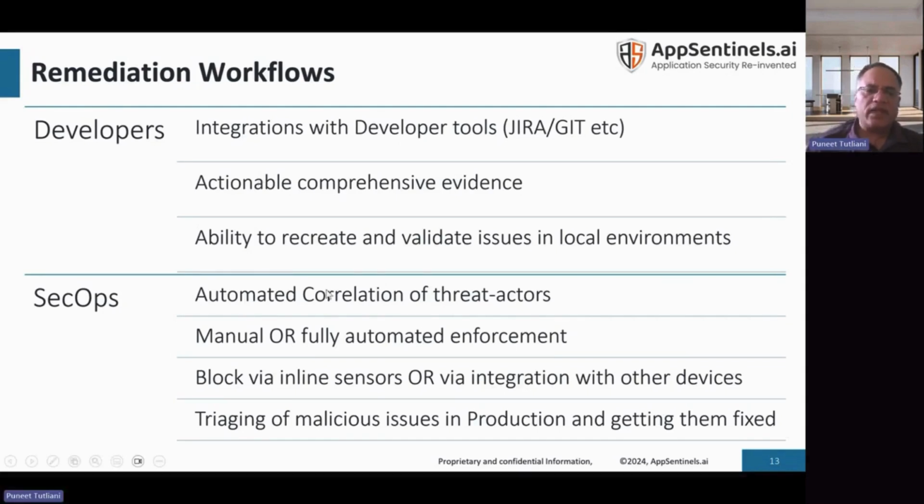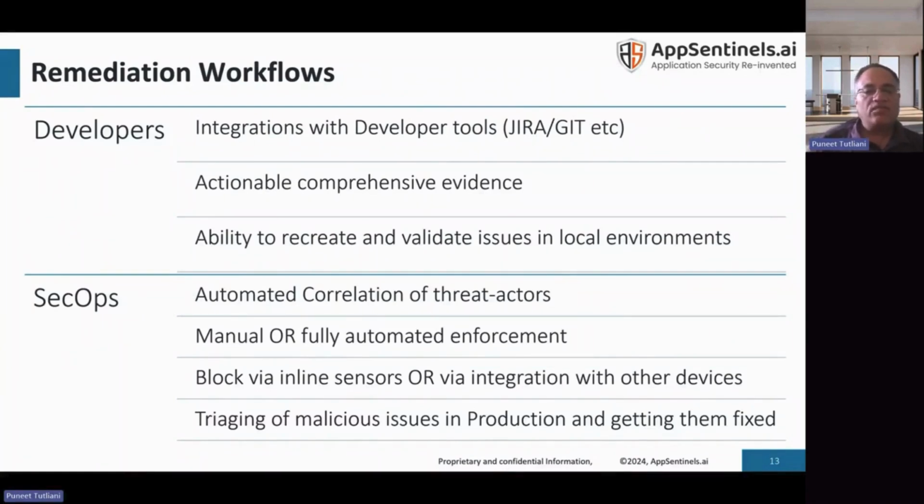And similarly, on the other side, for the security operations team, as we said, correlation of threat actors, so that the big picture a threat actor is targeting, whether it's data exfiltration or some sort of fraud or payment things, is clear, and the security operations team should be able to justify why certain action was taken, by providing all the right evidence to the stakeholders.